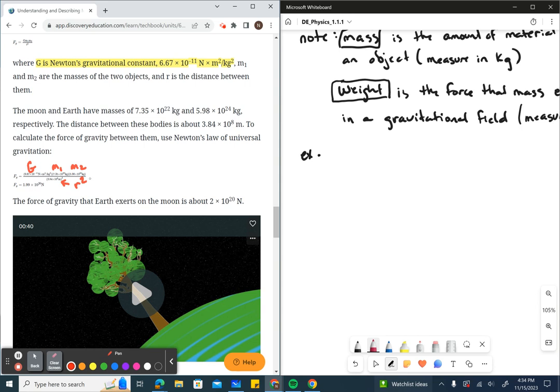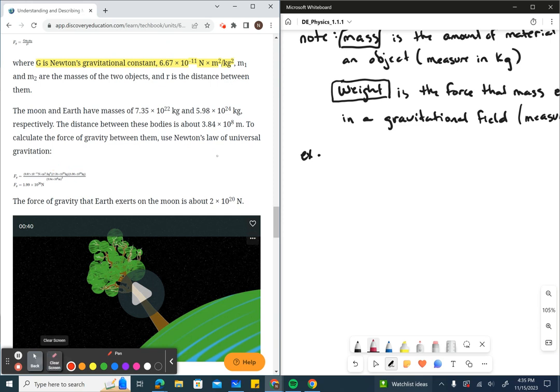This is what they just call plug and chug. You just plug your numbers in. And we got all these numbers from up here. This was M1, this was M2, and we knew that this was the gravitational constant right there, and this was the R right there. Okay, and that's how you would use that equation.